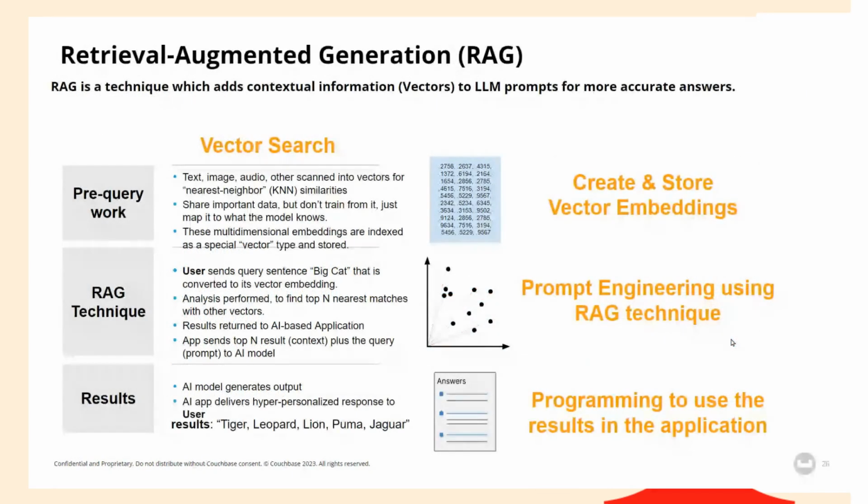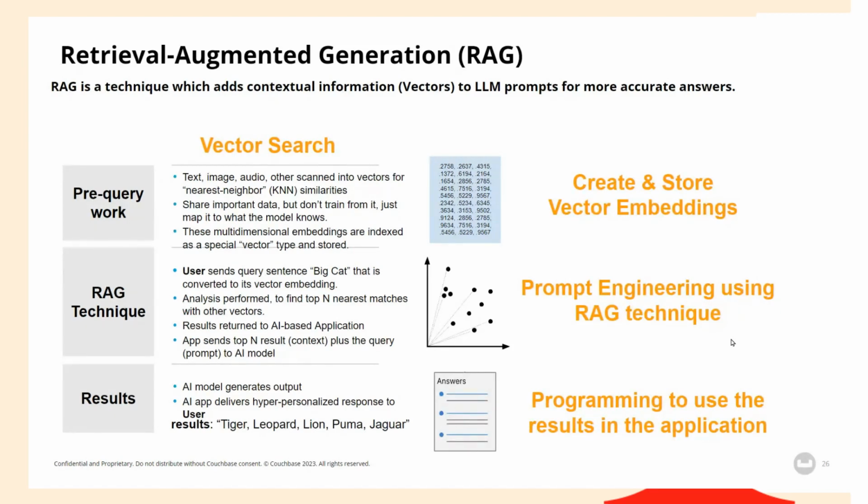And vector search can also be used for retrieval augmented generation, or RAG. And this is the ability to feed vectors as extra context for LLM prompts, and that enables the models to answer more accurately. For example, a generic LLM can only answer prompts based on and that apply to its original training data.